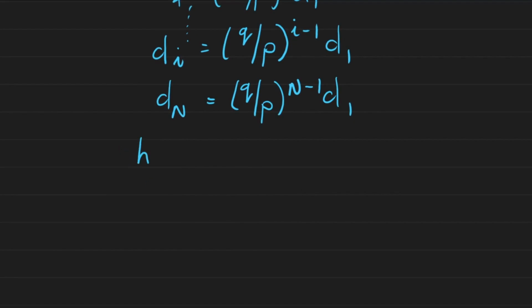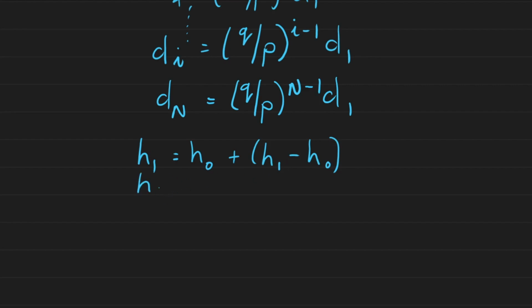So we can say that h1 is equal to h0 plus h1 minus h0. Of course, h0 minus h0 is 0, so we're left with h1 is equal to h1.